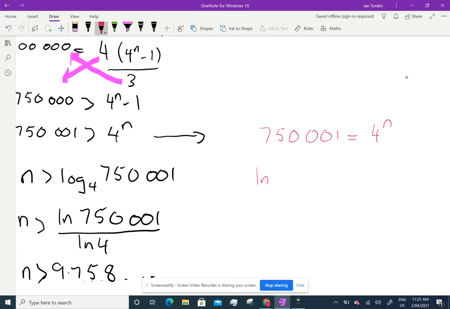So you're going to ln 750,001 equals ln of 4 to the n. You've just taken the log of both sides. And then you've got to realize that this n can come down the front. So you get ln 750,001 equals n, and you get ln of 4.